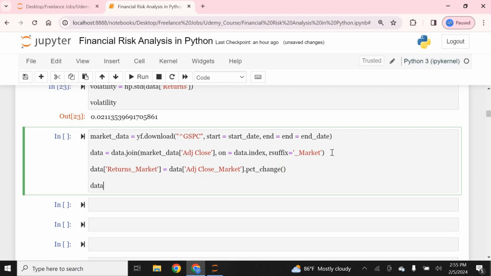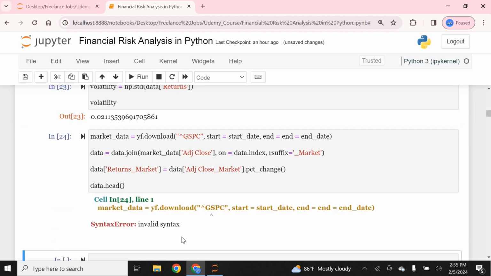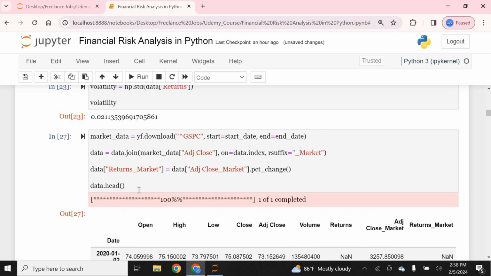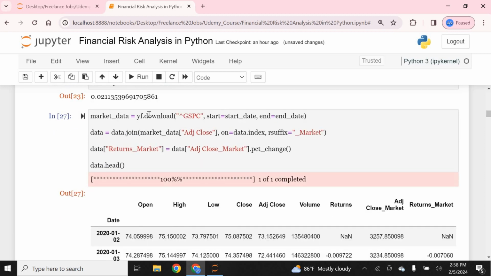So let's check the data and see what we have. Invalid syntax. Where is the problem? ^GSPC. Yeah, so it has actually downloaded the data.